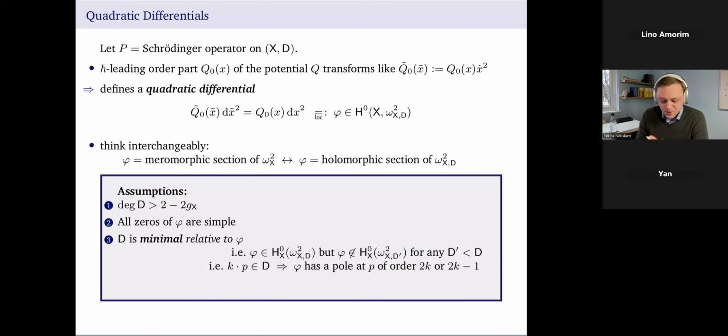Then there's a third assumption, which is really a bookkeeping assumption. Whenever I talk about a Schrödinger operator on a marked curve (X, D), I want D to be minimal.